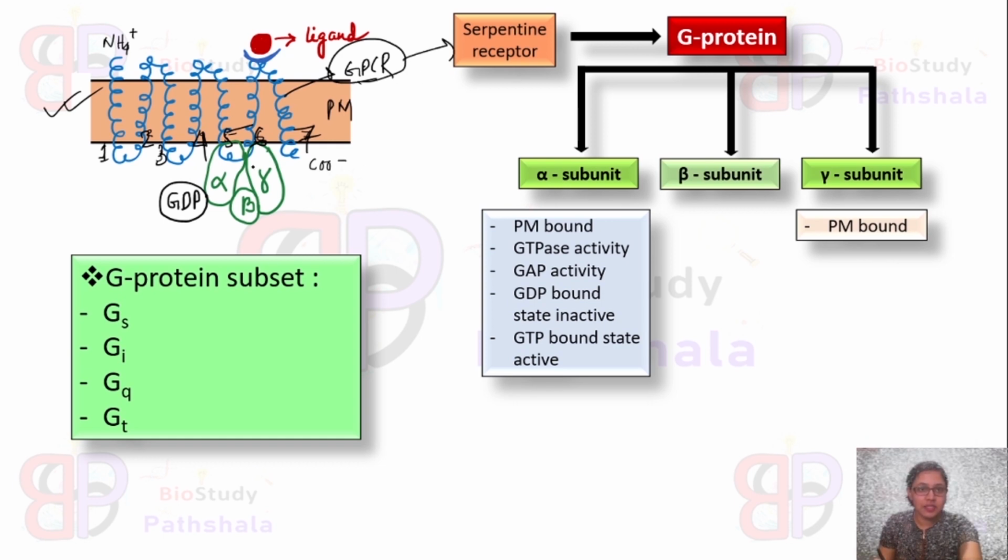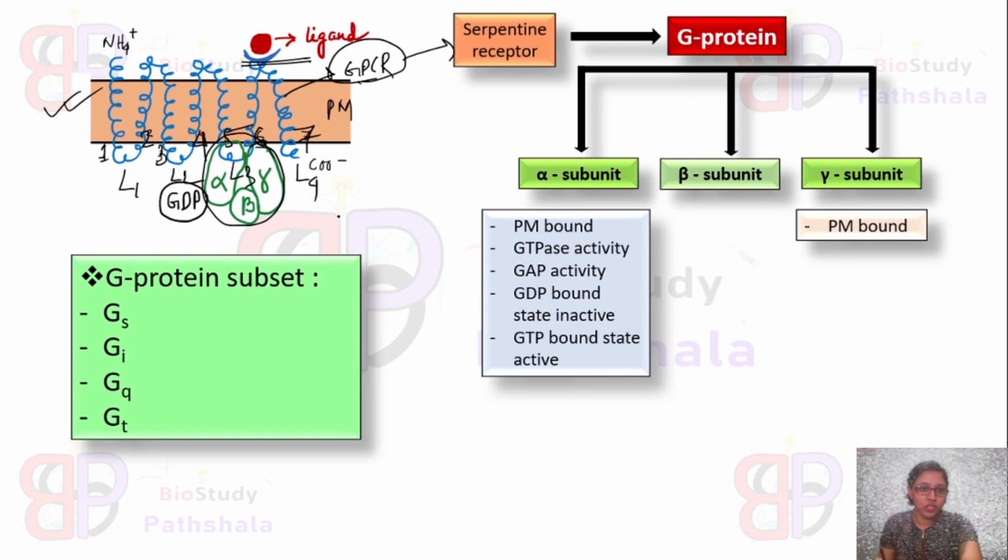This serpentine receptor shows 4 loops: loop 1, loop 2, loop 3 and loop 4. The G protein associates with the loop 3 area, while the ligand binds to this particular area. After binding with the ligand, the GPCR is activated, and after being activated, it further activates the G protein.